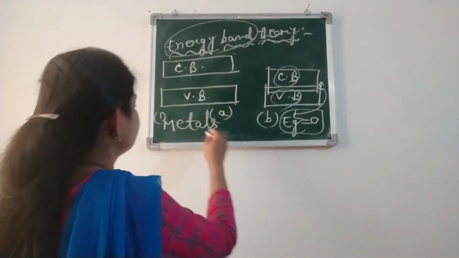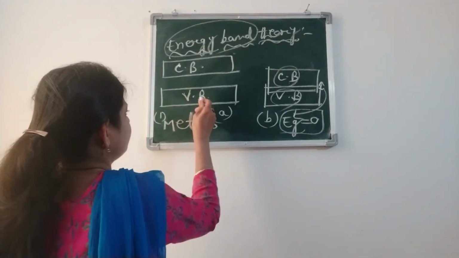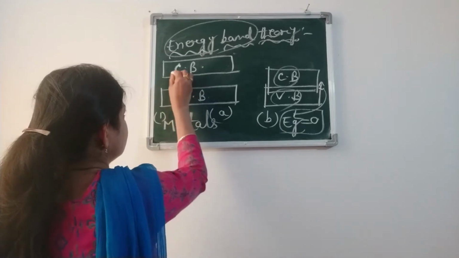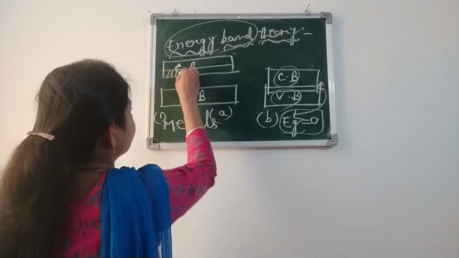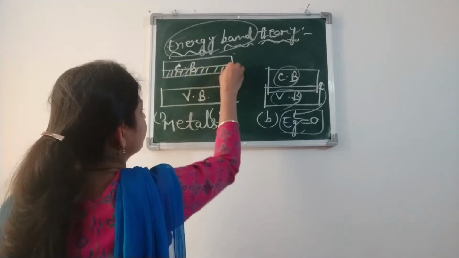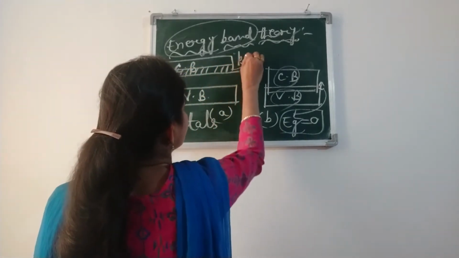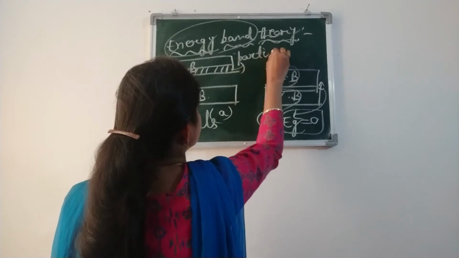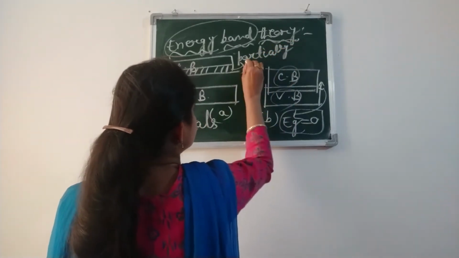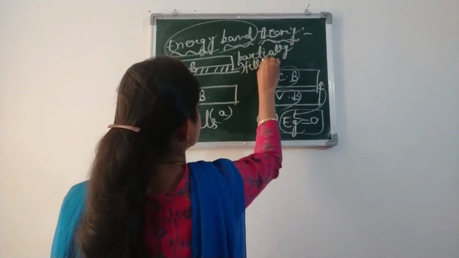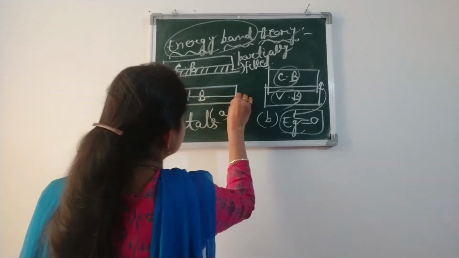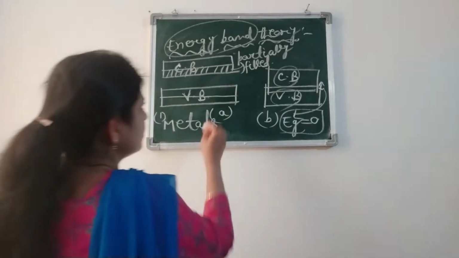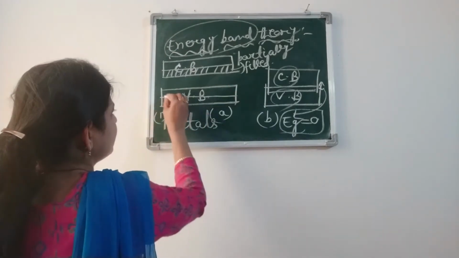Another situation is that the conduction band is partially filled and the valence band is partially empty.